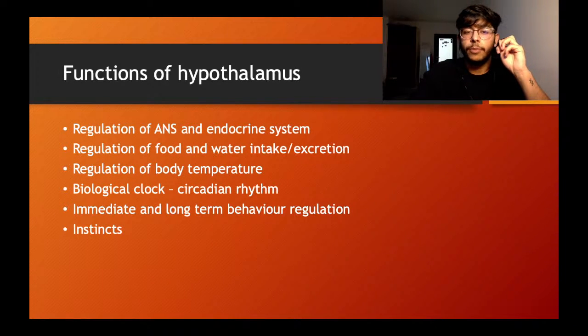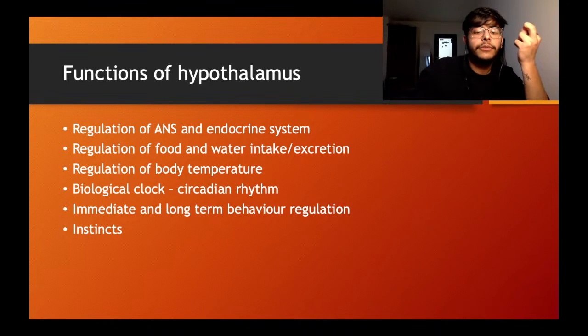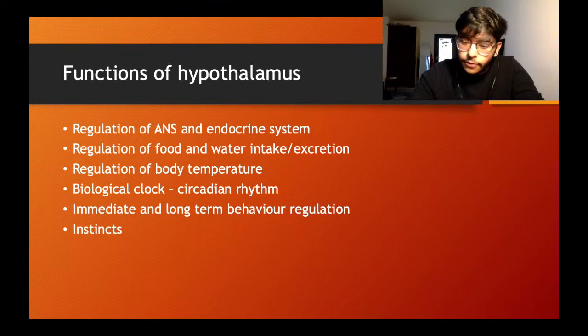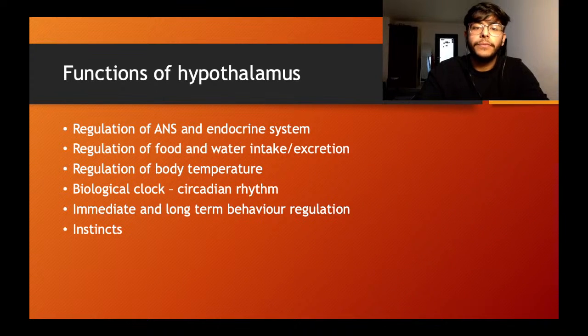Regulation of body temperature, again, vasculature, like I said before, sweating, heart rate, etc. Biological clock, the circadian rhythm, if you've not heard of it, is what most people are hardwired with. I wake up in the morning and I sleep in the evening, and that's for a reason as well. The circadian rhythm is influenced by sunlight, and sunlight keeps us awake. Again, entirely ANS function.